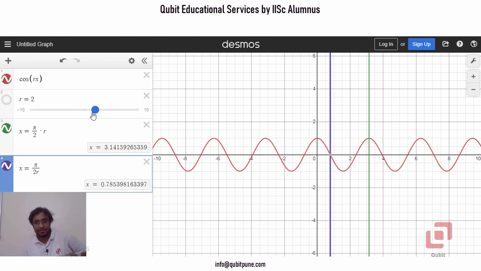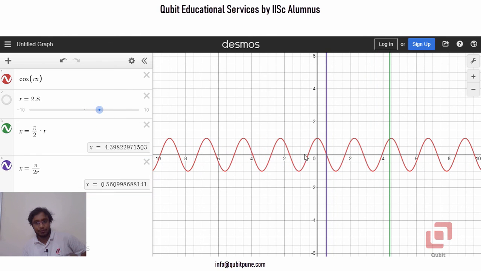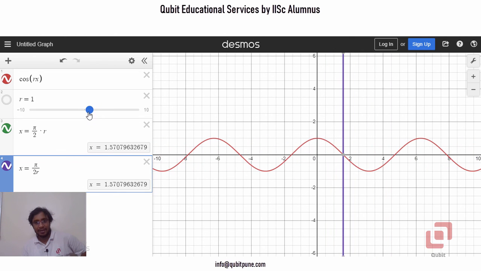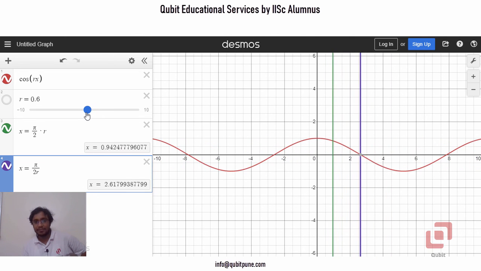You can see that. Just keep an eye on where the graph intersects the x-axis first, to the right of the y-axis. The same thing will be observed here. So it's pi by 2r instead of pi by 2 for cos x, so the graph actually shrinks if r is greater than 1.